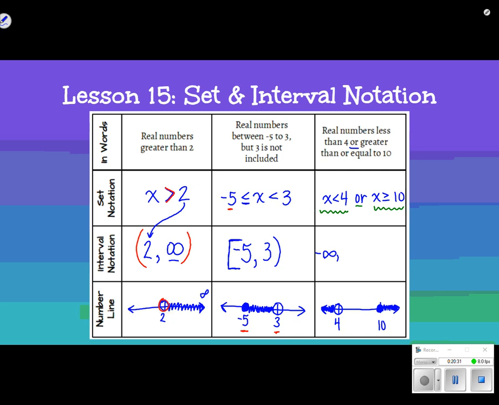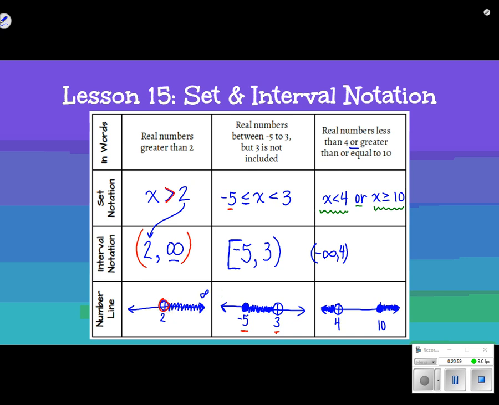And we're only going up to 4. Remember, we're doing this in sections. So all the way up to 4. Now, -infinity gets a parenthesis because it's an infinity. And then 4 also gets a parenthesis because it's an open circle. So that is x is less than 4. That is the interval notation to show all the numbers that are in the answer from -infinity all the way up to 4.